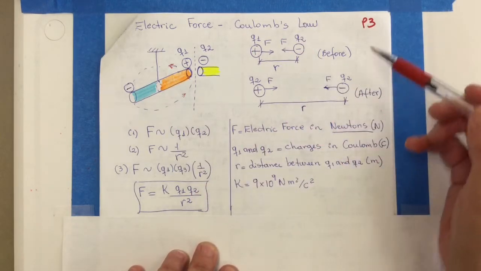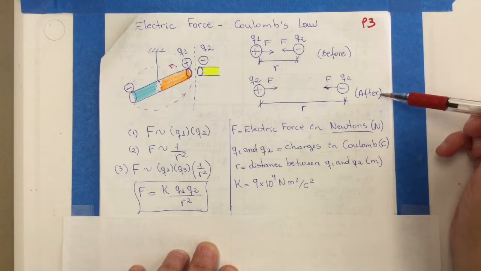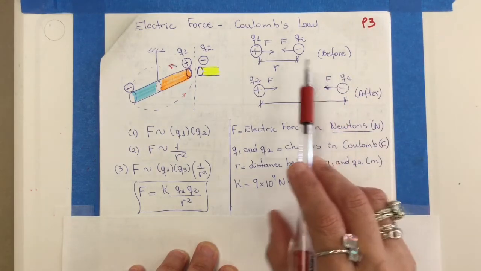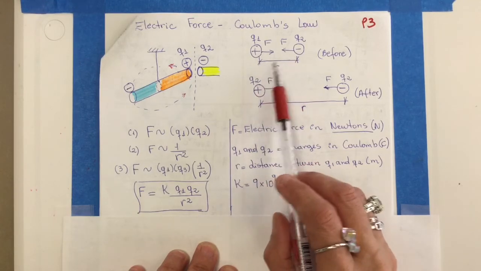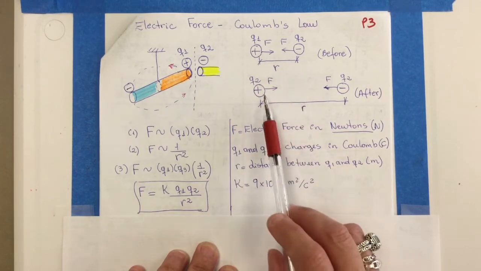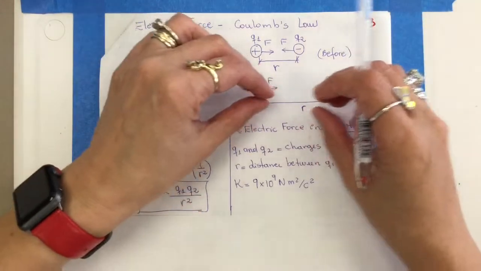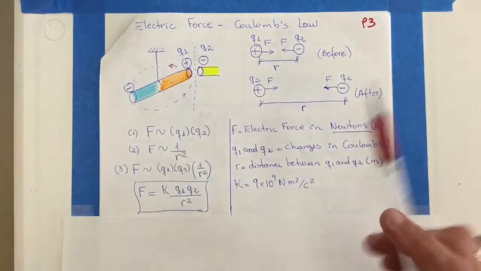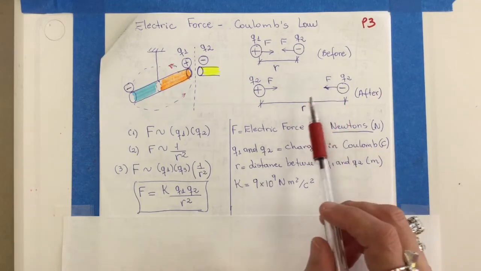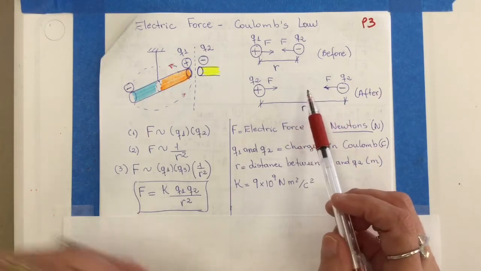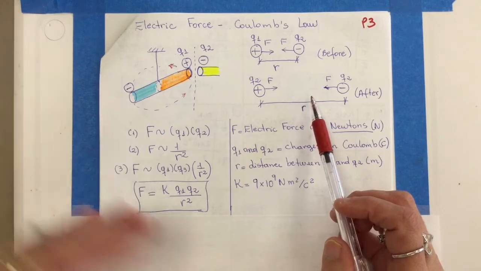But anyway, we have here a before and after situation. Before, the two charges had the distance r. If we now place them away from each other with a greater distance, we can observe that the force, by intuition, will be less.